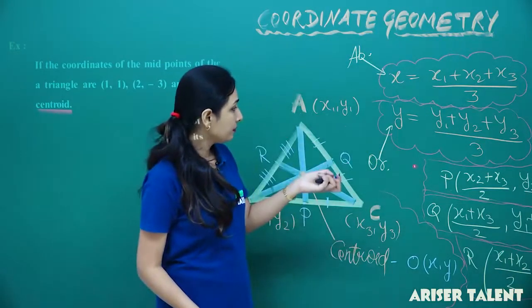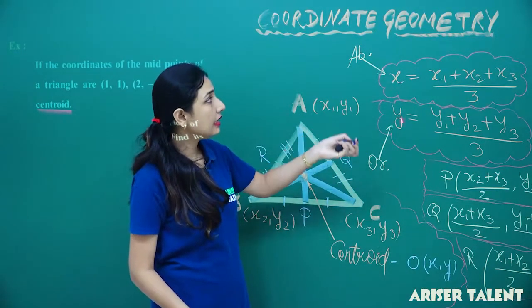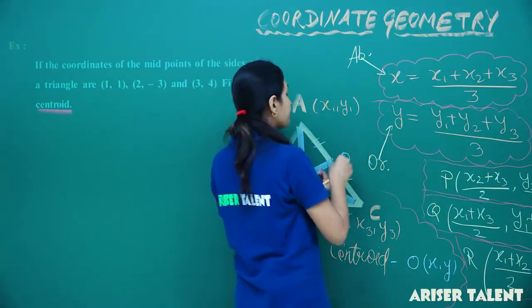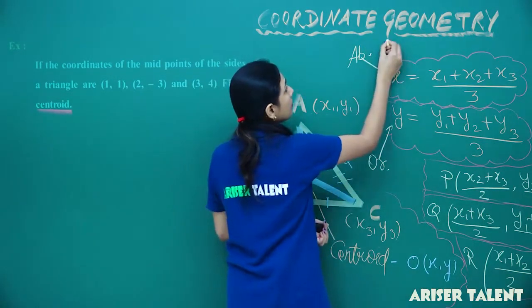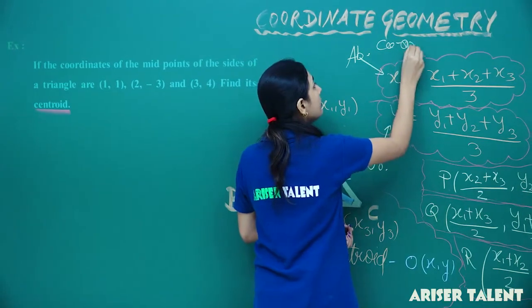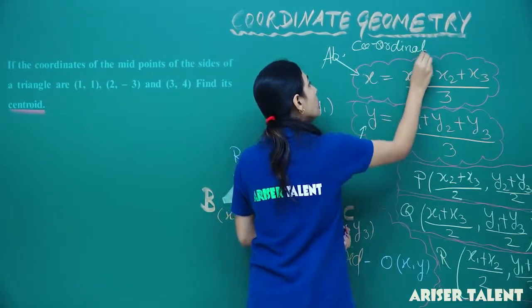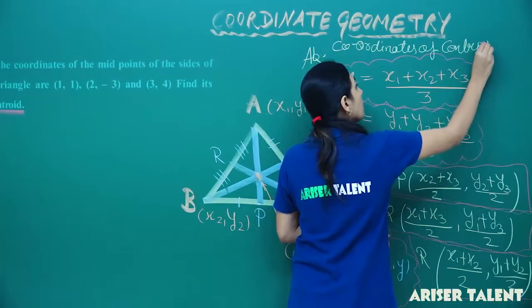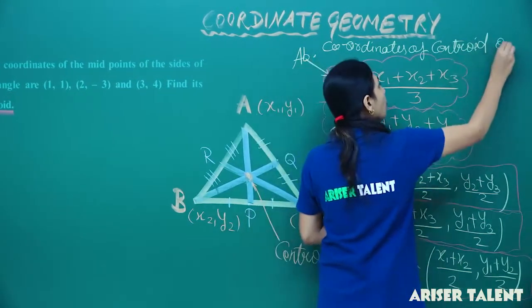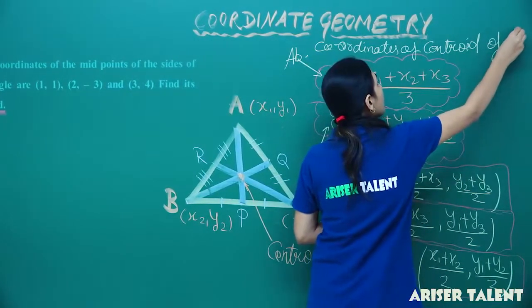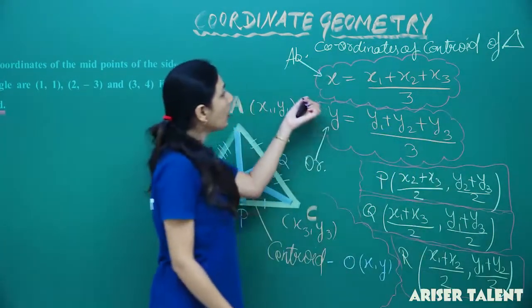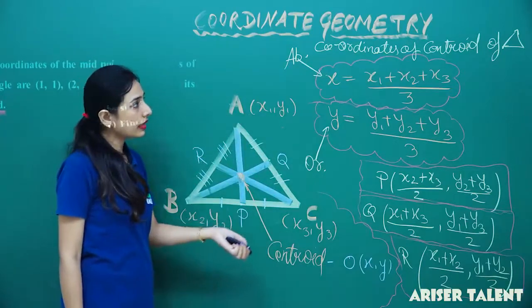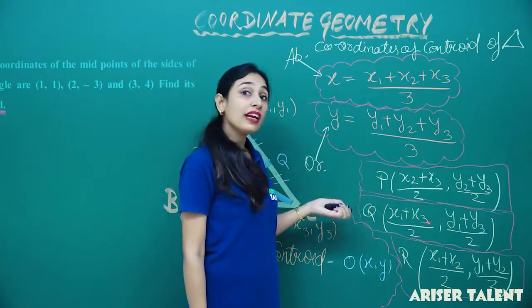Okay, we have it from there. These are the coordinates of the centroid of a triangle. Clearly, x equals (x1 plus x2 plus x3) by 3 and y equals (y1 plus y2 plus y3) by 3.